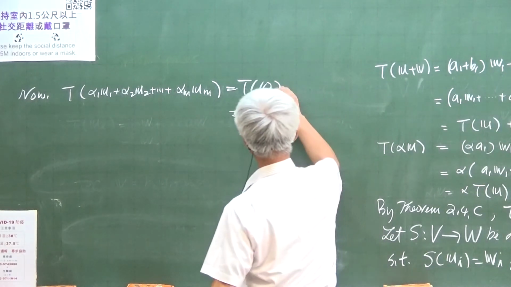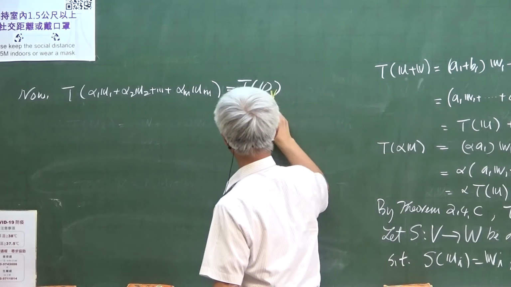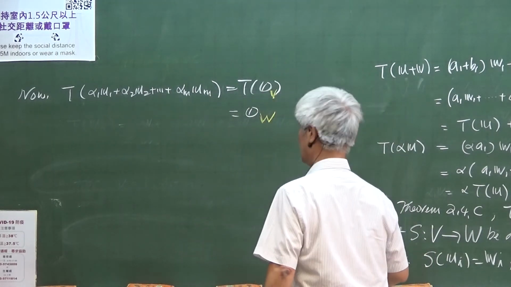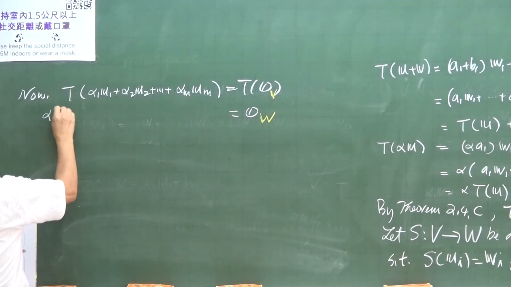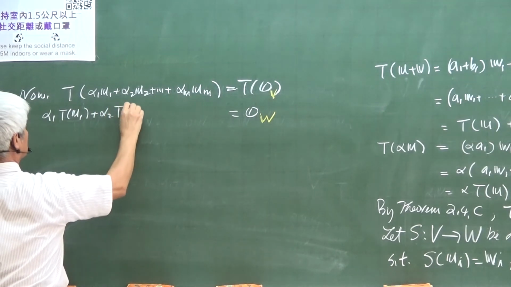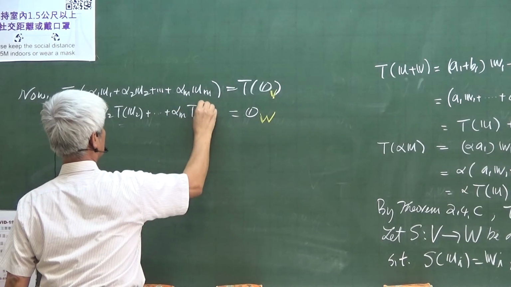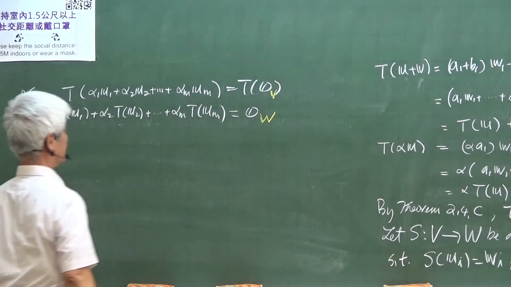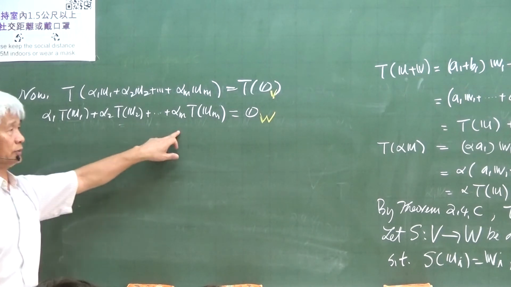You may say that this is the zero vector in capital V, and this is the zero vector in W. Anyway, the left-hand side is a linear combination, and the coefficients are not all zeros.